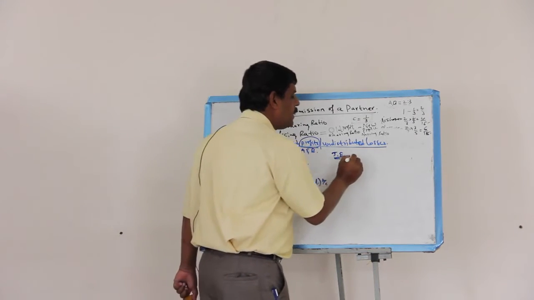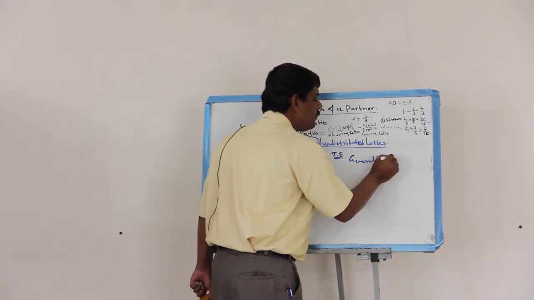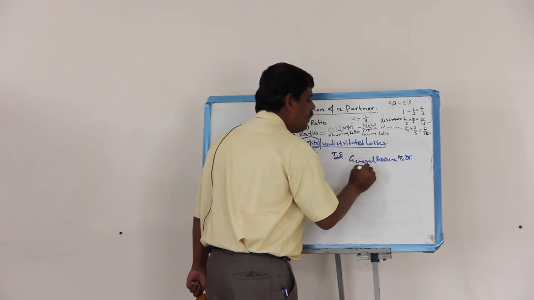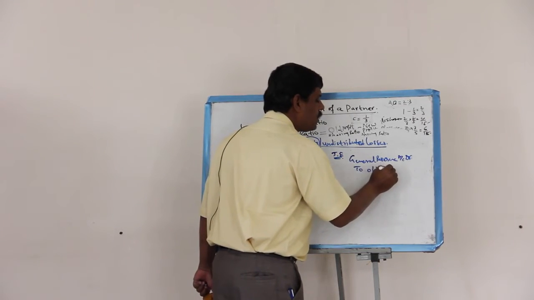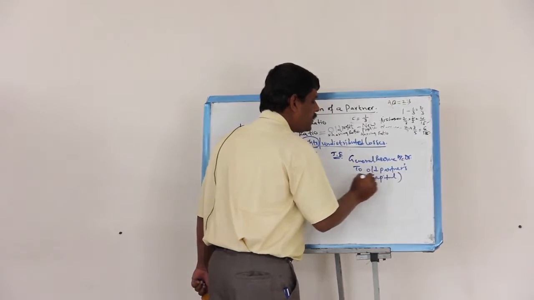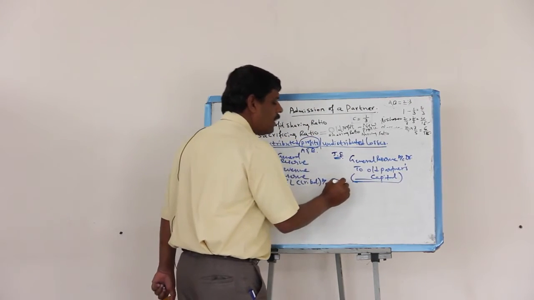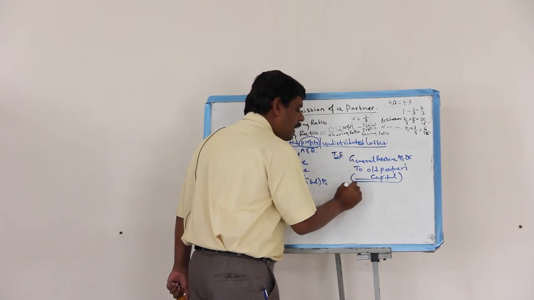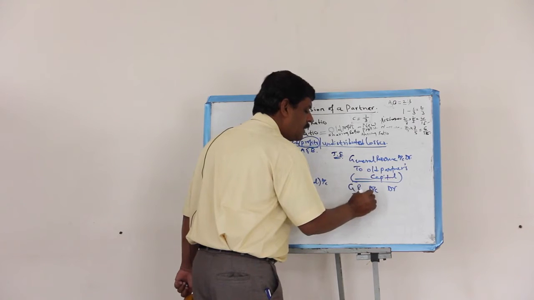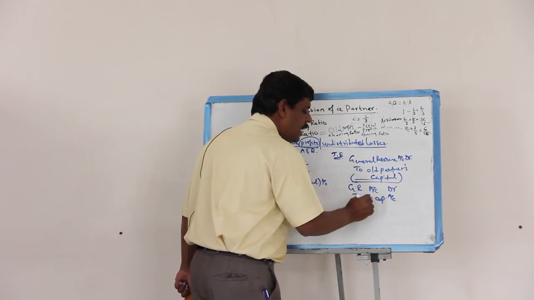So the entry will be general reserve account debit to old partners' capital account. Old partners here are A and B. So you can write: general reserve account debit, to A's capital account, to B's capital account.